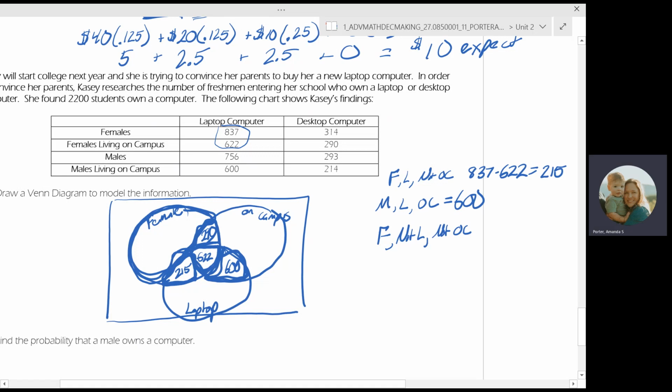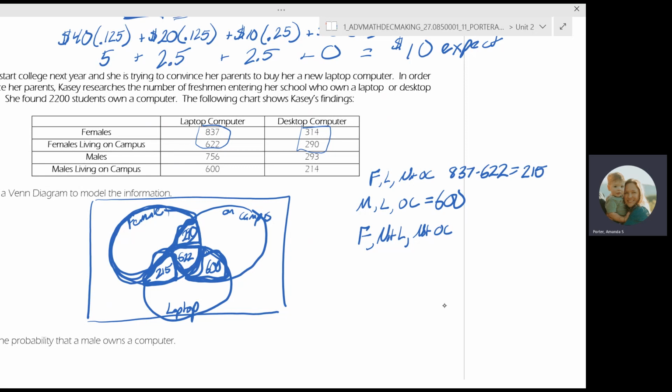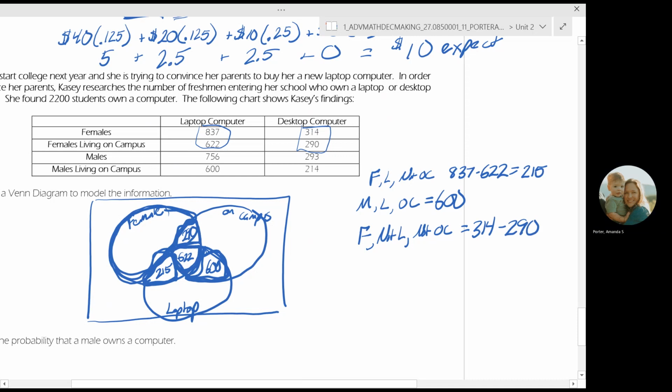So females desktop not on campus is right in here. So we're going to take that 314 and minus the 290, is 24. So 24 females do not have a laptop and do not live on campus.